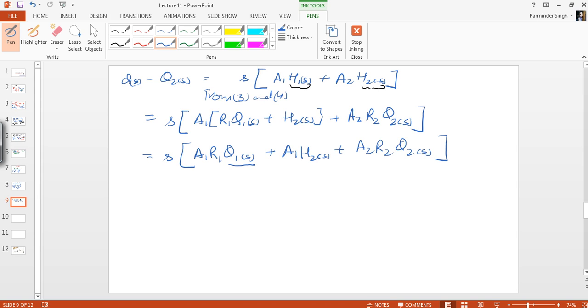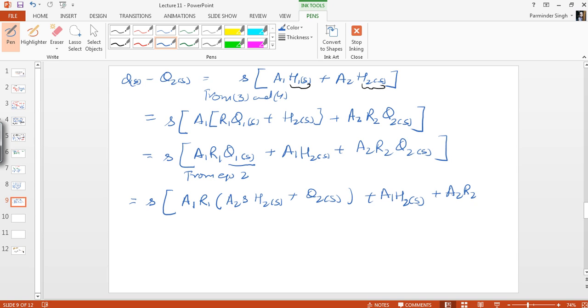So upon substituting the value of Q1 from equation 2, it becomes S times A1 R1 into A2S H2S plus Q2S, plus A1, rest of the terms as it is, plus A2 R2 Q2S.